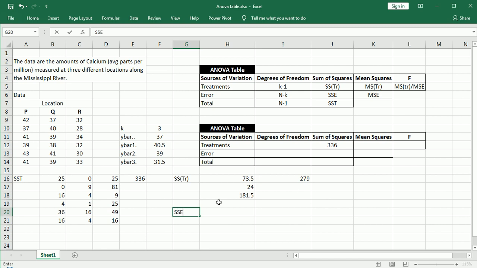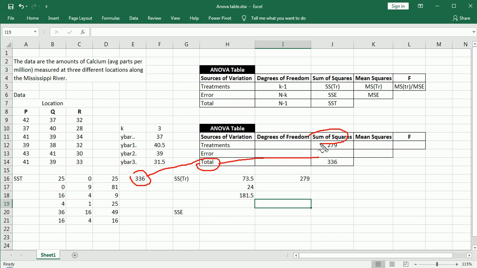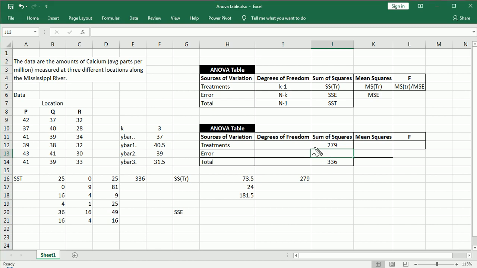So SSE. Actually, let's put this in its place. Sorry, we put 336 in the wrong place, right? That was total sum of squares, and this one is going to be treatment sum of squares. Okay, and now we're going to get this one. Actually, we know what it's going to be because we know the relationship: total equals the sum of these two.